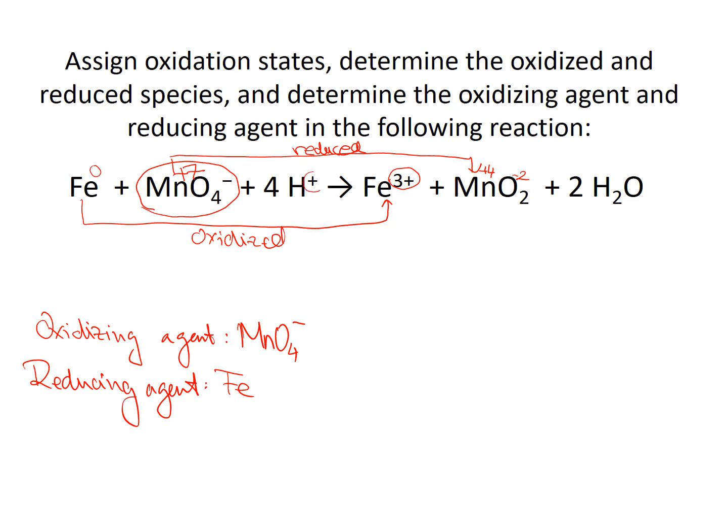Hydrogen starts out in the +1 oxidation state and ends up in the +1 oxidation state, because oxygen is in the -2 state. So with that, we essentially identified all the requirements from this problem.